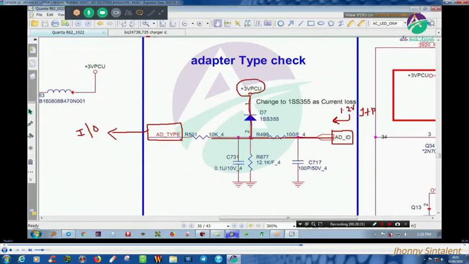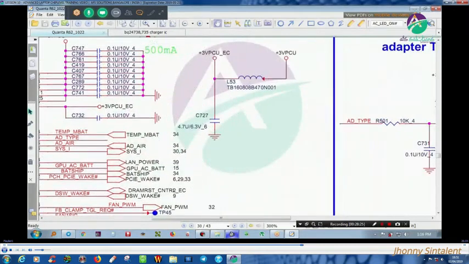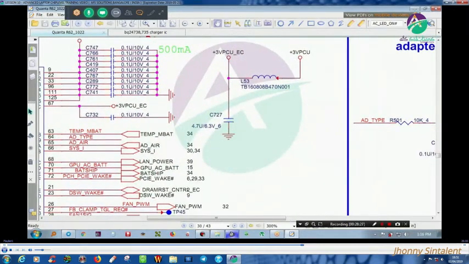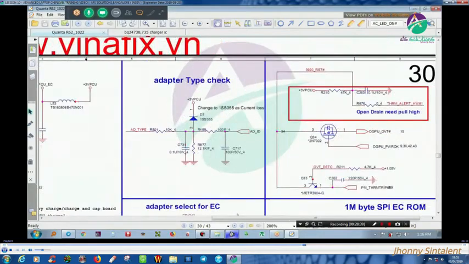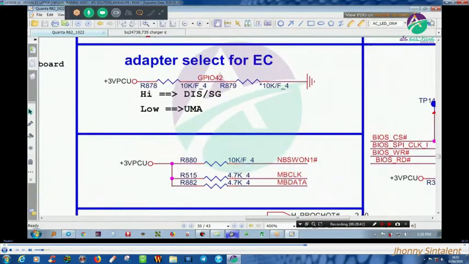This adapter type goes to pin number 64. Next, when pin number 64 is done, one part is complete, that means what type of adapter. Now we'll go for how many watts.